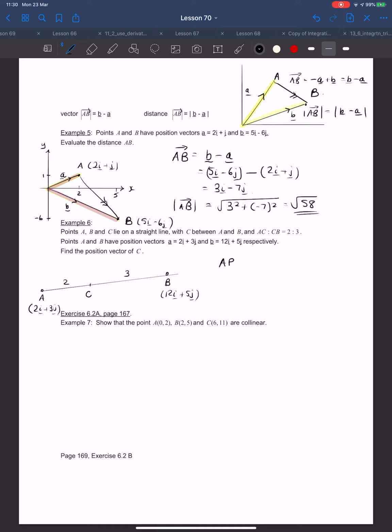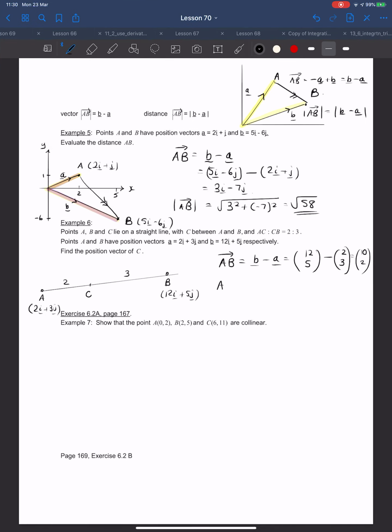So let's do A to B first of all, which is B minus A. I'll do it this way because it's a bit quicker. Save space. 12, 5 minus 2, 3, which is 10, 2. We've got all those numbers right. Yep. Okay.